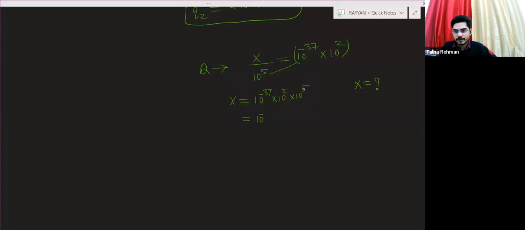It will become 10 to the power 7. Now I can write this as 10 to the power minus 37 plus 7. So it will become 10 to the power minus 30. So your x will become 10 to the power minus 30. So power calculation is required. Okay.